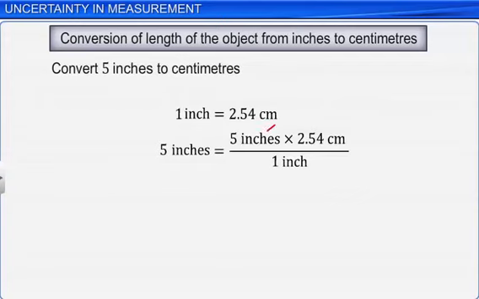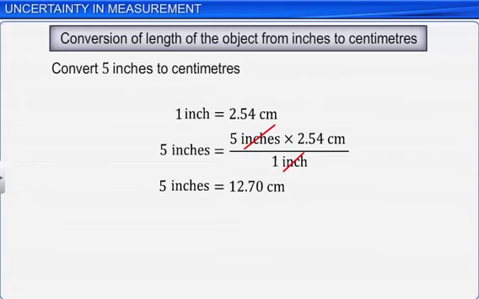Cancel out all the units, leaving behind only the required units. This means that the numerator should have that part which is required in the desired result. Thus, 5 inches is equal to 5 inches multiplied by 2.54 centimeters by 1 inch. Thus, 5 inches is equal to 12.70 centimeters.